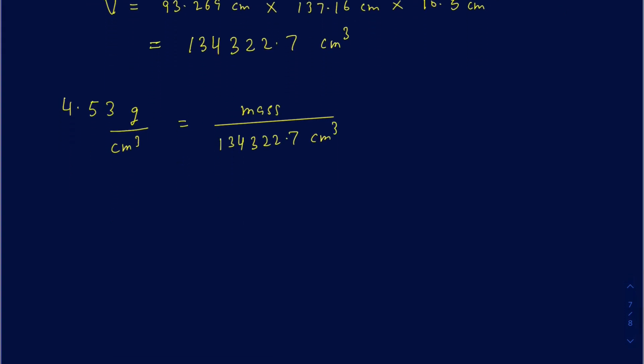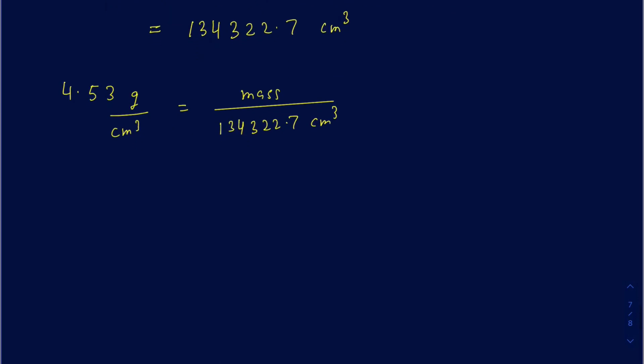So here I can multiply both sides by this 134,322.7 centimeters cubed. And when you do multiply both sides by that, you will get mass equals 134,322.7 centimeters cubed times 4.53 grams over centimeters cubed.